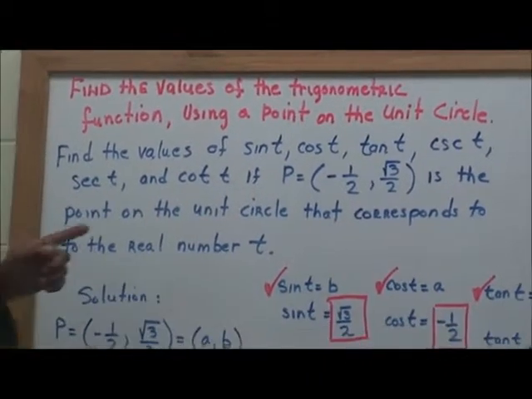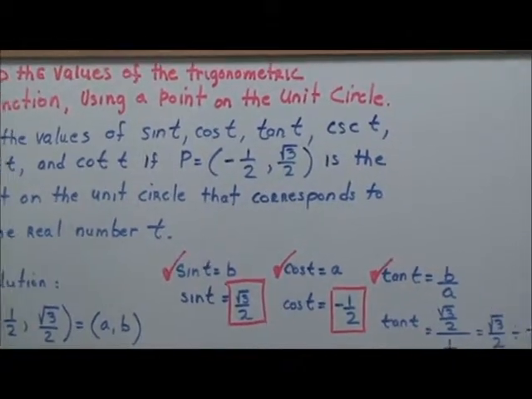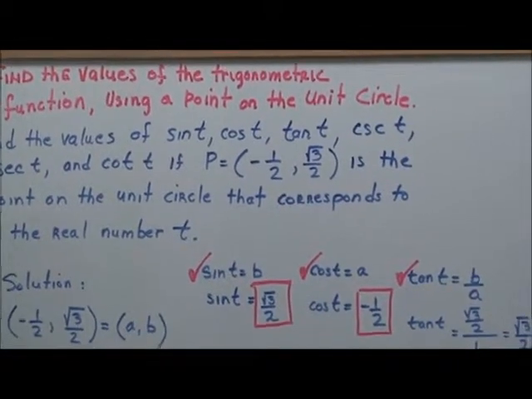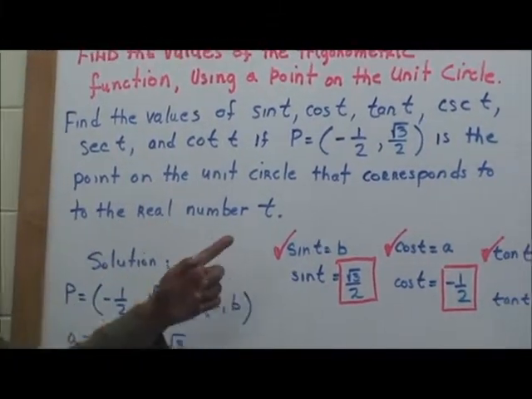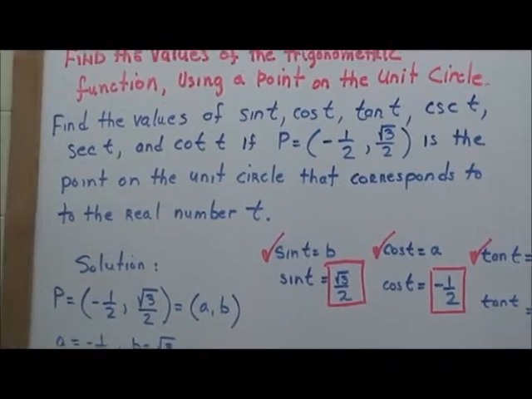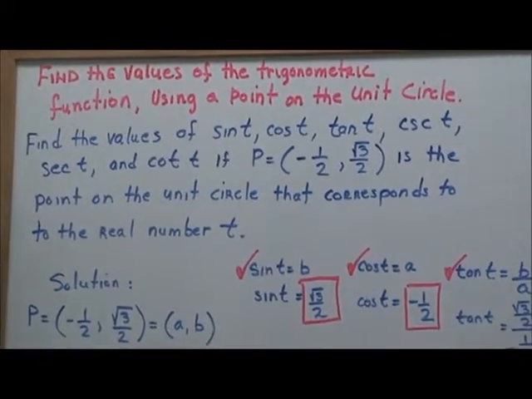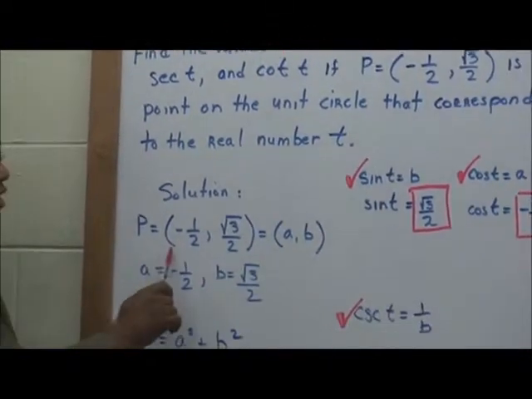If P is the point (-1/2, square root of 3/2), which is the point on the unit circle that corresponds to the real number, what we said earlier, t, right? Let's get into the problem. Our solution, what we want to do is always write what's given here.